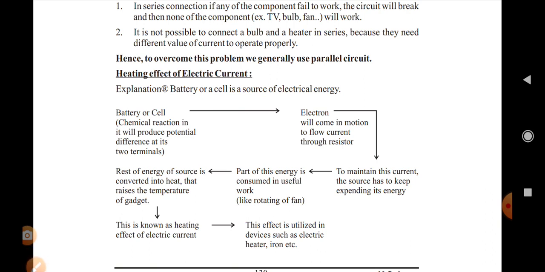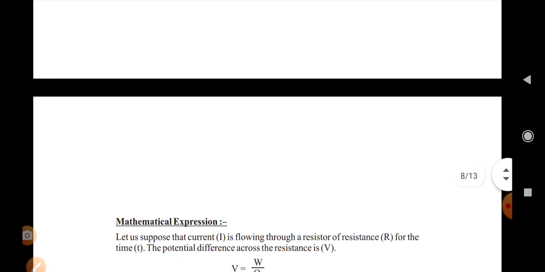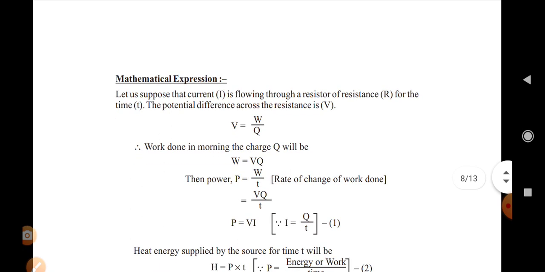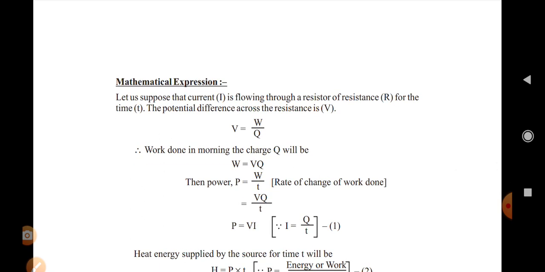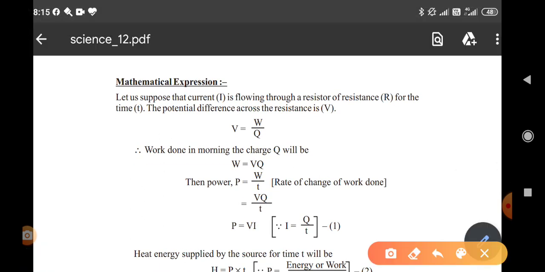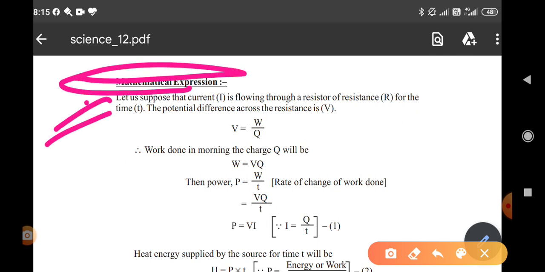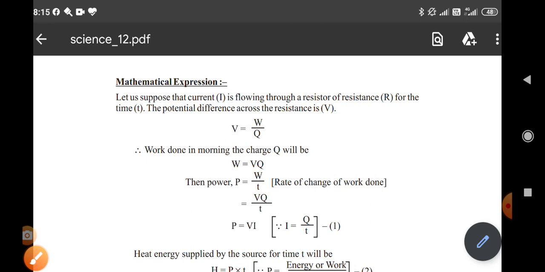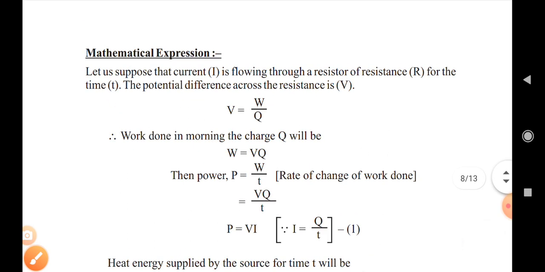So, now let us come to know the mathematical expression of heating effect of current. Let us suppose that current I is flowing through a resistor of resistance R for time t.